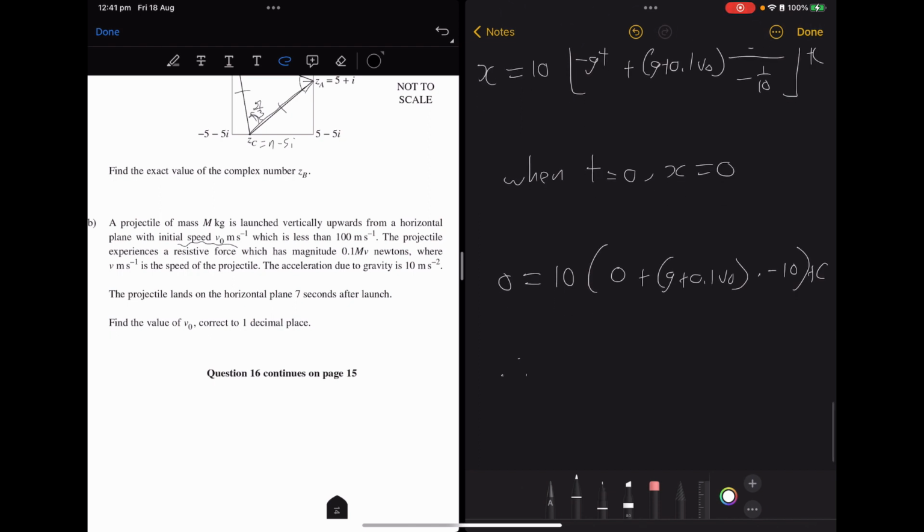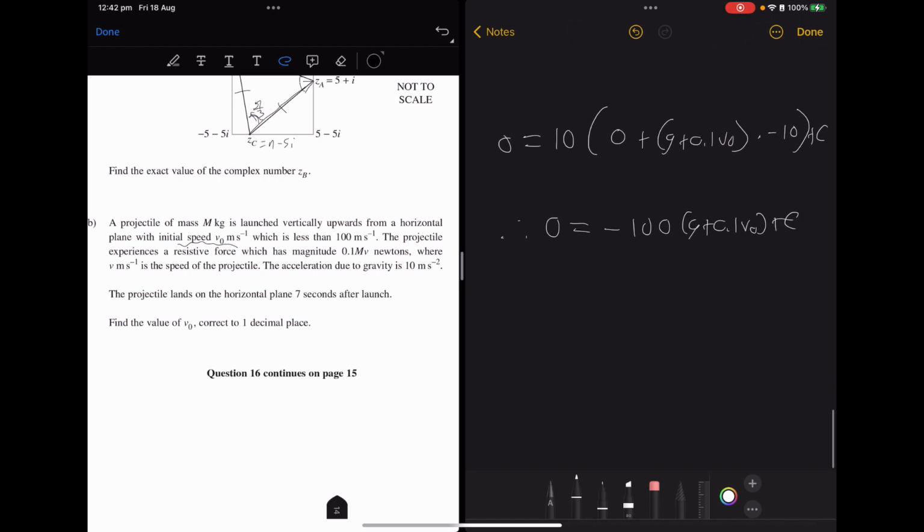Therefore, if you times it through, 0 equals negative 100 g plus 0.1 v naught plus c. And therefore c is equal to 100 g plus 0.1 v naught.